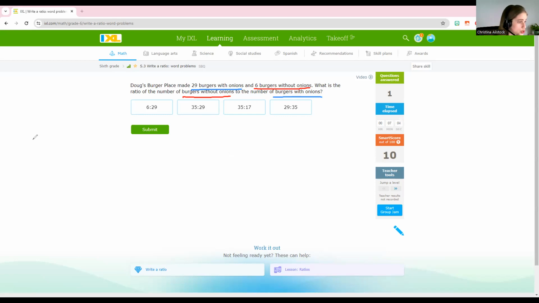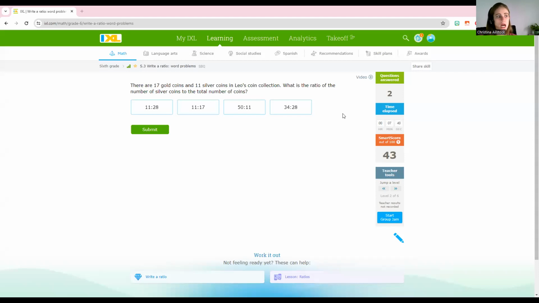The word to right here tells us we need burgers without compared to burgers with. So the burgers without was 6, and we're going to compare that to the burgers with, which is 29, and that matches this ratio right here.